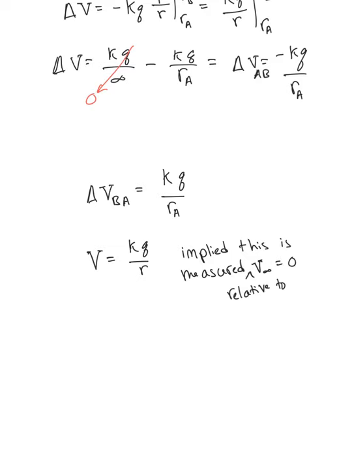So whenever we say the potential of a point charge, we write it down as kq over r, where we are always referencing the fact that being infinitely far away from the charge is where we assign potential to be 0. Note that if we have a positive charge, the potential of that charge is positive. If we have a negative charge, the potential of that charge is negative.